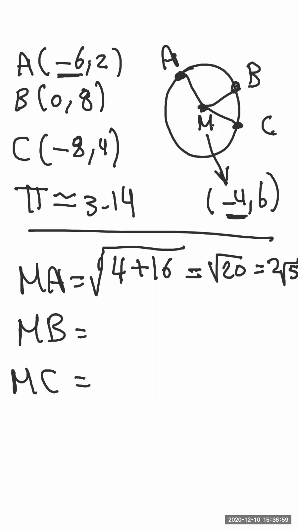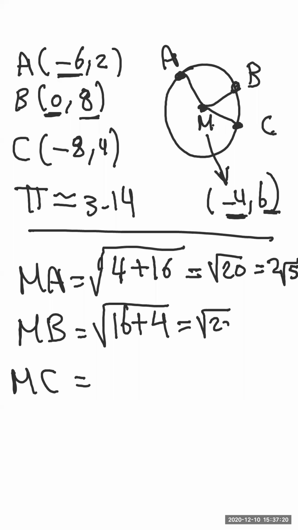Okay. The next one, MB. 0 minus negative 4, so 4. Okay, squared means 16. Plus 8 minus 6, 2 squared, 4. The same, square root of 20. So it will equal 2 square root of 5.